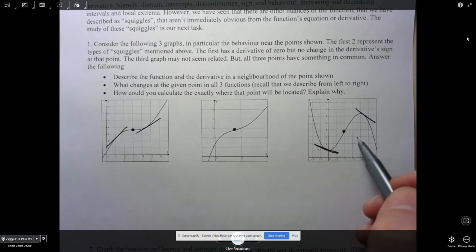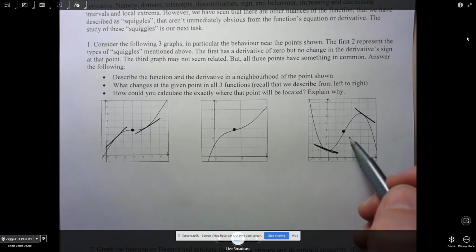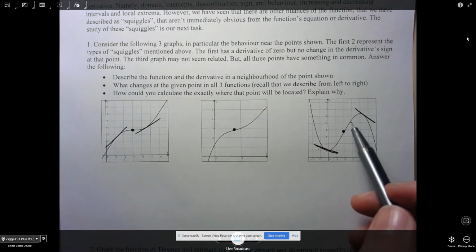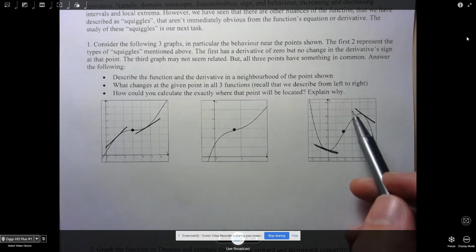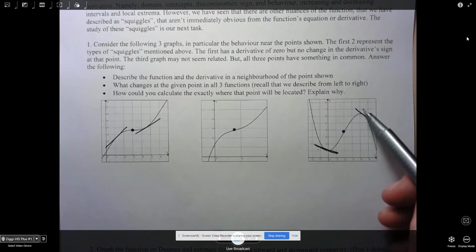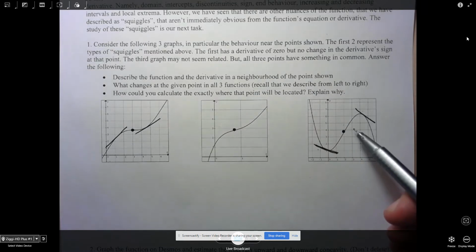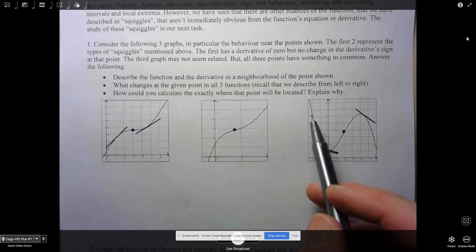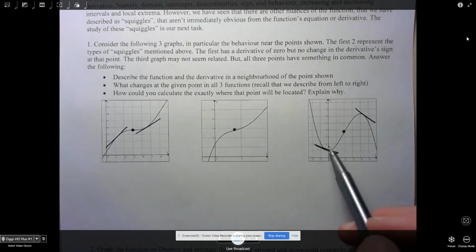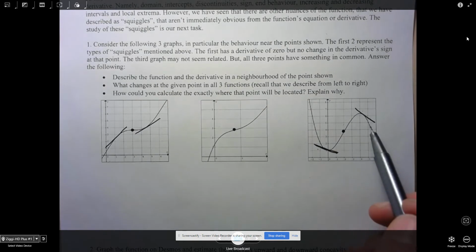And this is how we define concave up and concave down: if all the tangents in a neighborhood or interval lie above the function, like they do here, any tangent I draw, you see that the function lies below it, whereas to the left, any tangent I draw, the function values lie above. So concave up, if the function values are above any tangent, concave down if they're below.